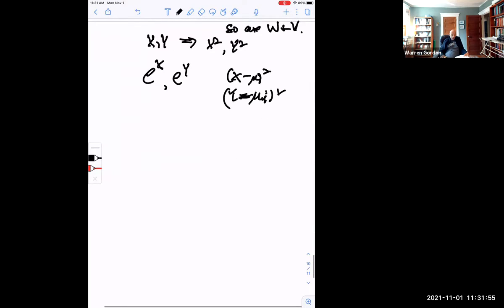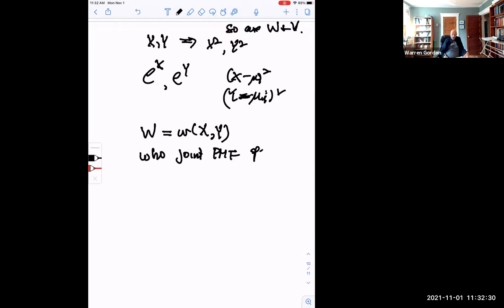All right. So let's suppose W is a function of the random variables x and y, who have joint probability mass function P of x, y.